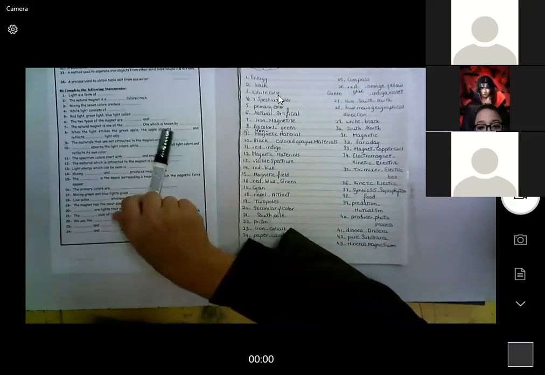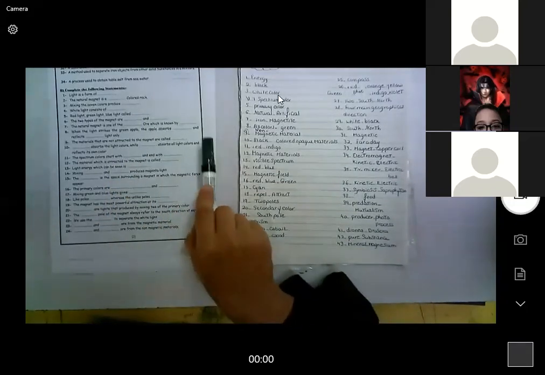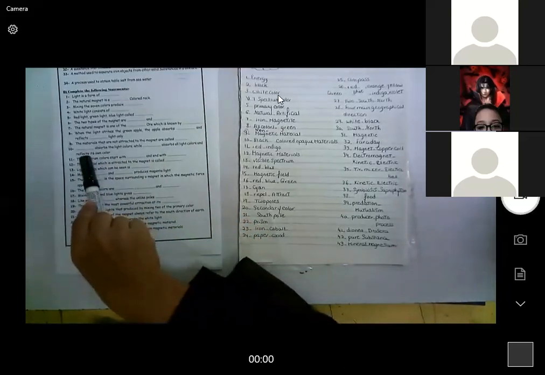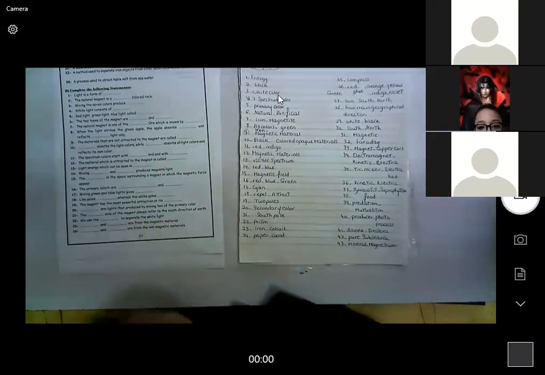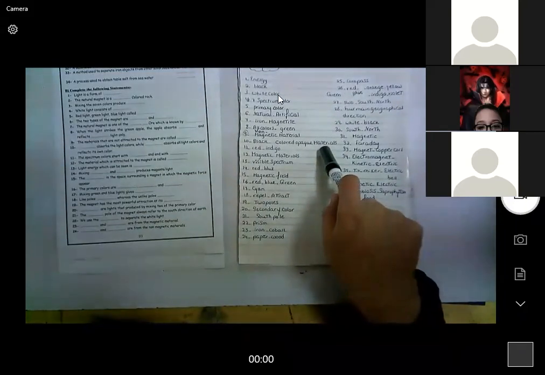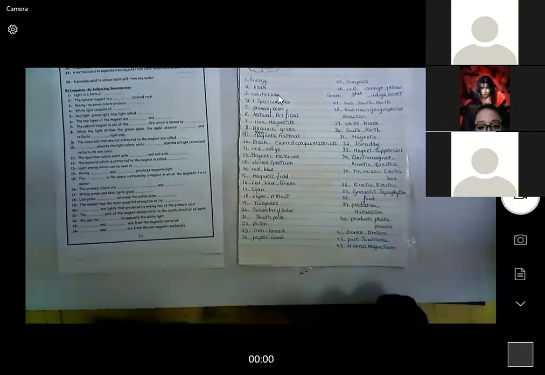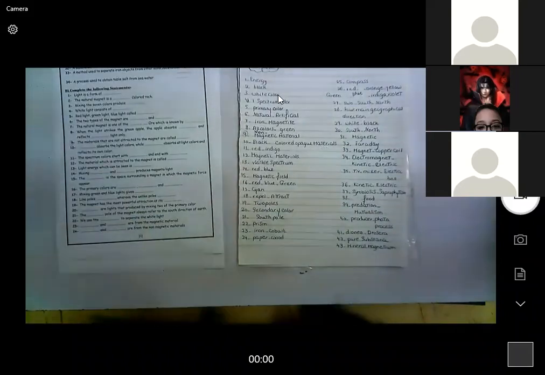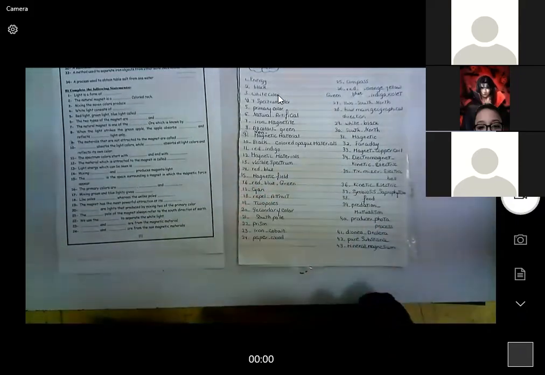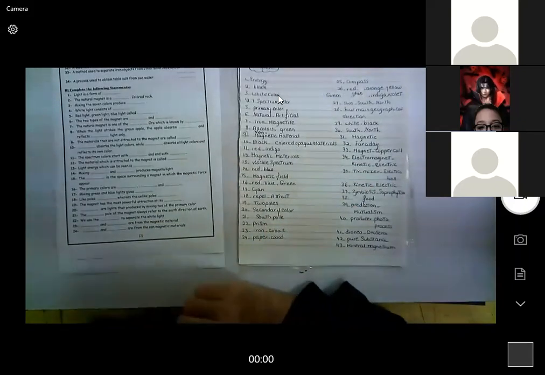But if I say absorb and continue the sentence and reflect its own color, I am going to write colored opaque material. Is it clear? If I write absorb and stop the sentence, black. But if I say absorb and reflect, it's a colored opaque material.